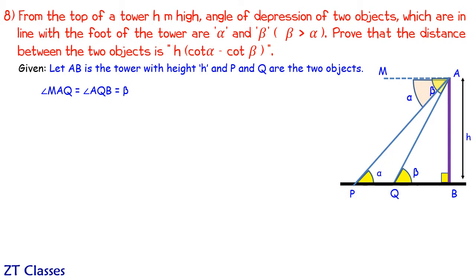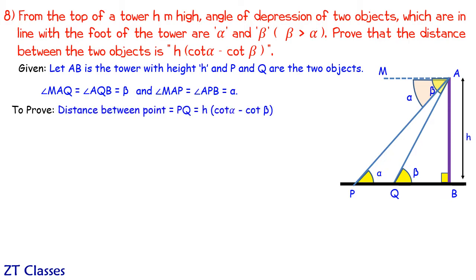And for second object, angle MAP is same as angle APB, which is alpha degrees. And we have to prove that the distance between the objects, PQ, is h times cot alpha minus cot beta.